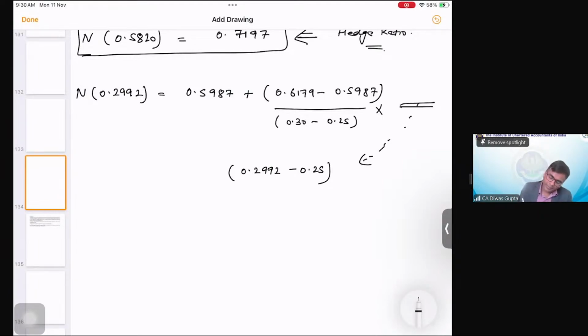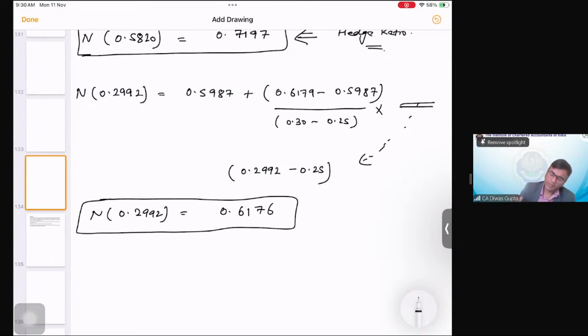So N of 0.2992 will become 0.6176. This becomes ND2. Now what does this denote, students? Tell me. 61.76% or 0.6176 denotes what?